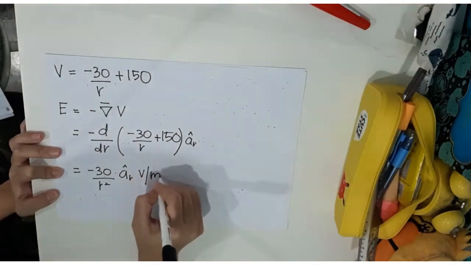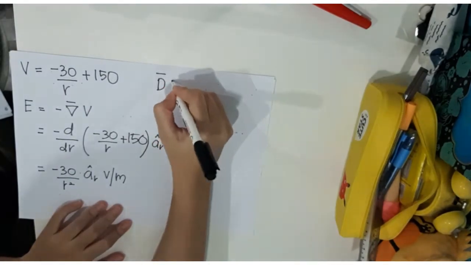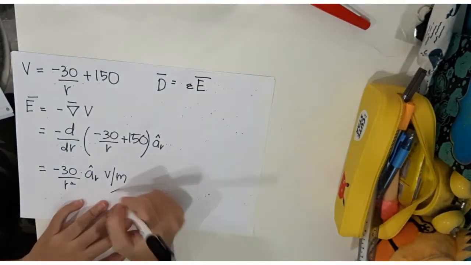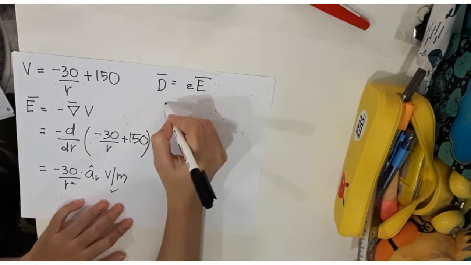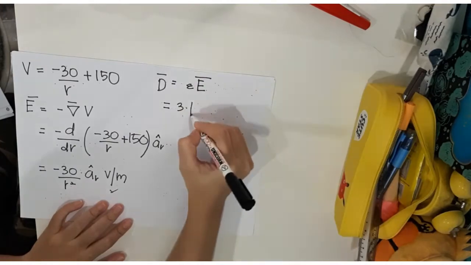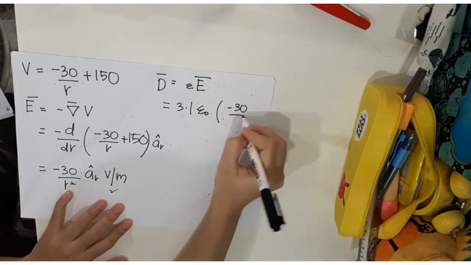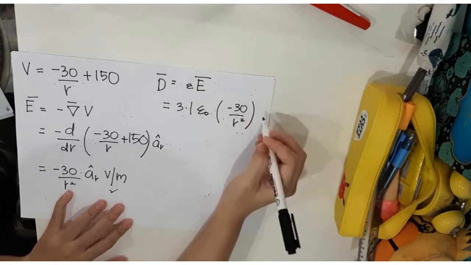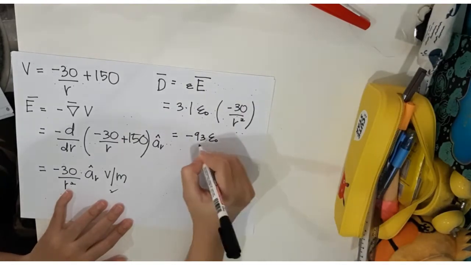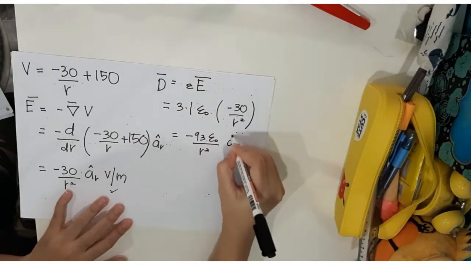For D, we use the formula permittivity times E. We got this E here, so just put it into the equation. They give us permittivity equal to 3.1 permittivity naught, times 30 over R squared. We will get 93 permittivity naught over R squared. Don't forget aR.